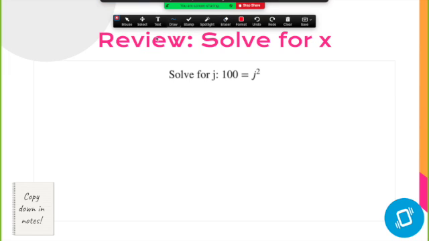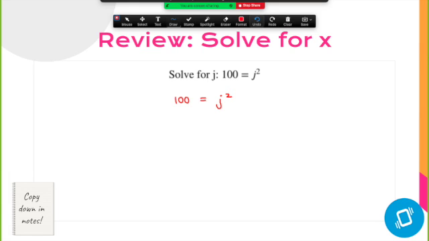So right here, we're being asked to solve for j when we have 100 equaling j to the power of 2. When we're canceling out and getting rid of that square, we want to complete the opposite operation.